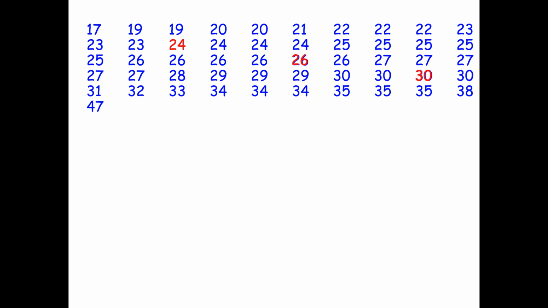So now, in order to find our IQR, we're going to take our upper quartile and subtract our lower quartile from it. So here we have our IQR equals 30 minus 24, which equals 6. In our next video, we're going to go through how the IQR and the standard deviation can help us in determining if our data set has outliers.